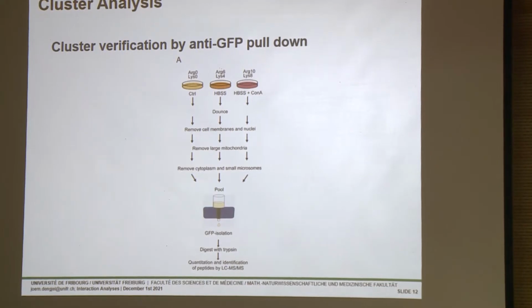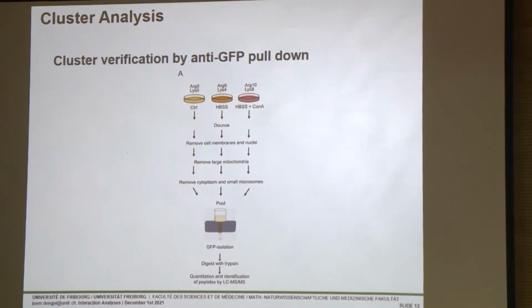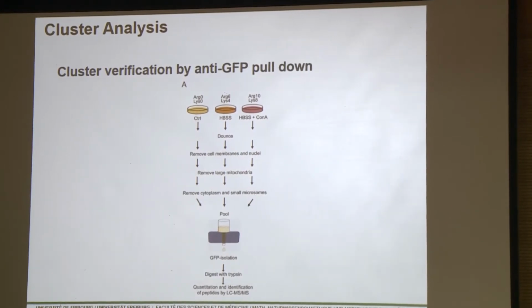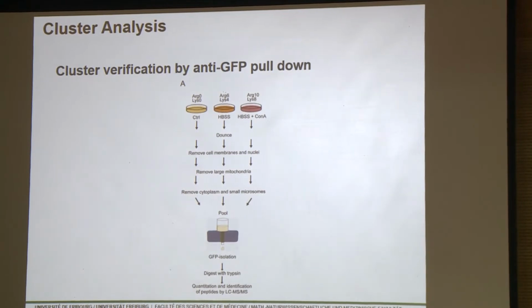And then you can do an anti-GFP affinity purification without detergent. So when you open the cells without detergent, you leave all organelles intact. And then when you pull on GFP-LC3, you do not just enrich GFP-LC3, but you pull down the entire vesicle, the autophagosome. So it's basically an affinity purification on organelle level.